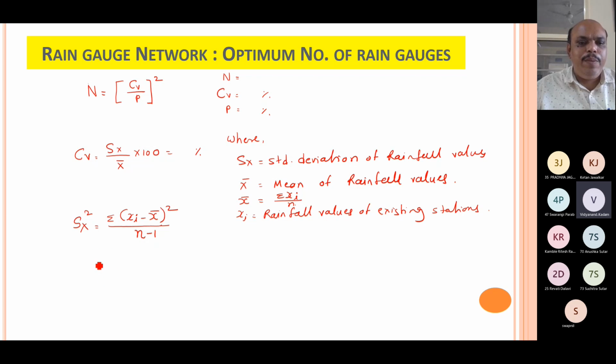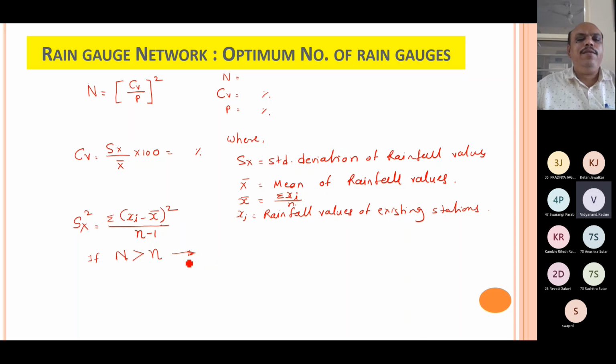N is optimum number of rain gauges. Now if your calculated N is greater than small n, then what does it indicate? What is small n?